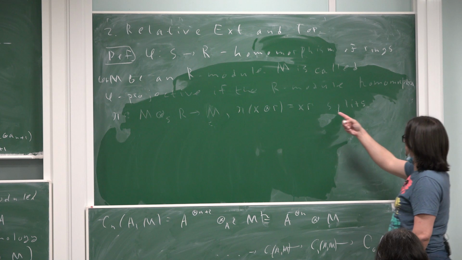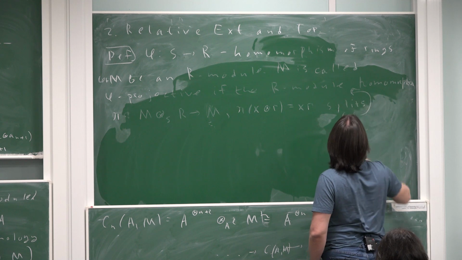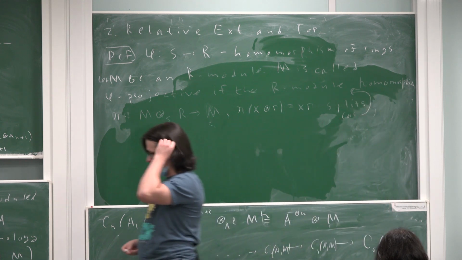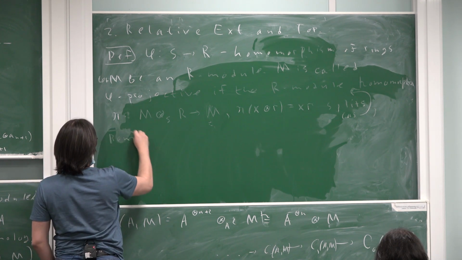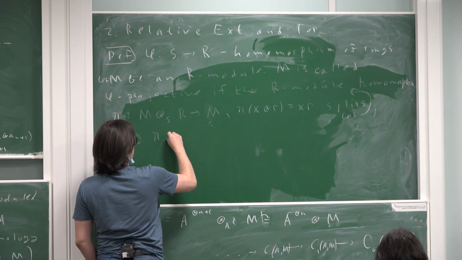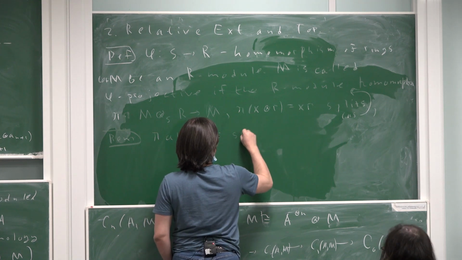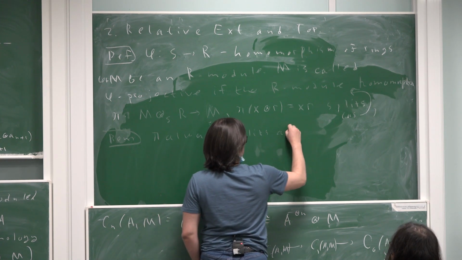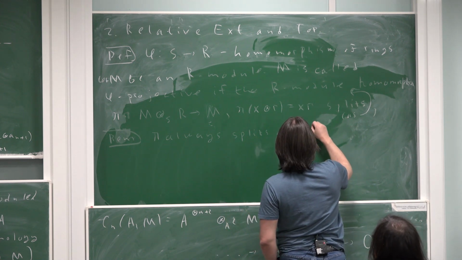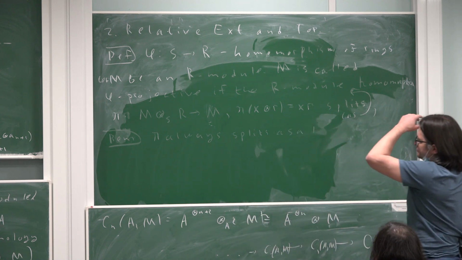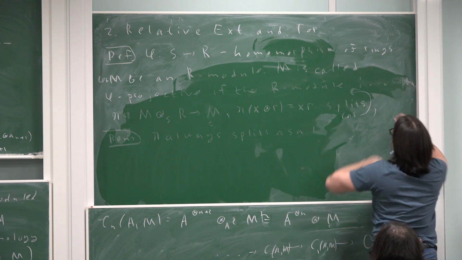Splits as a homomorphism of R modules? Sorry, it's not clear what is split when we say homomorphism, so it's an R module epimorphism, of course.